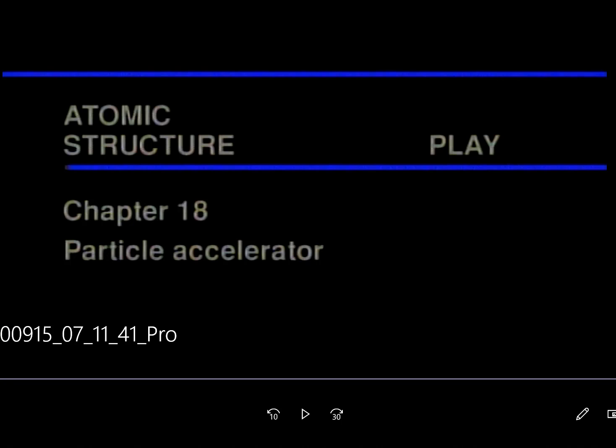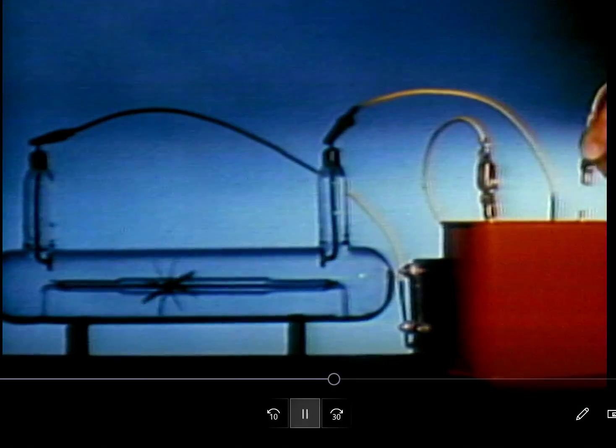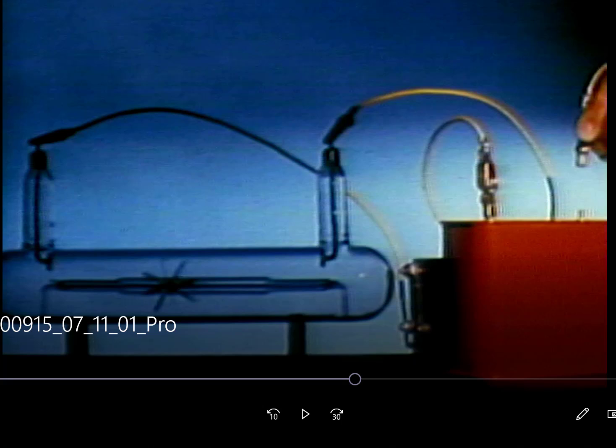They also knew more about it. This is the same kind of tube. I know it doesn't look like it, but it is the same kind of tube. They just put a wheel inside. So this wheel is spinning, and the wheel is spinning because we've got a battery.